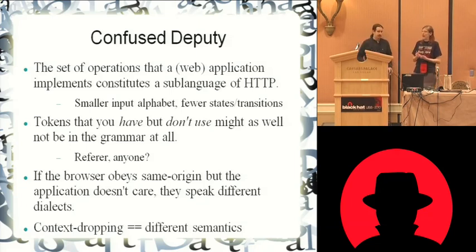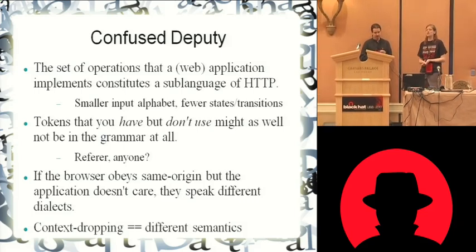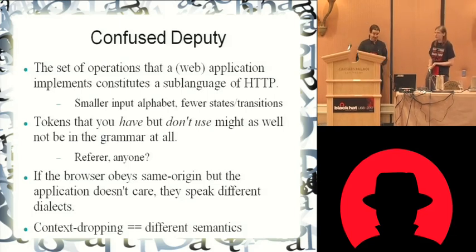However, it does still have all of the same tokens that are available to HTTP, but if you have them and don't use them, it's like not having them at all. The Referer header is the one that matters for cross-site request forgery. If you're ignoring Referer headers, you are reducing the strength of your validator because you are dropping the context.